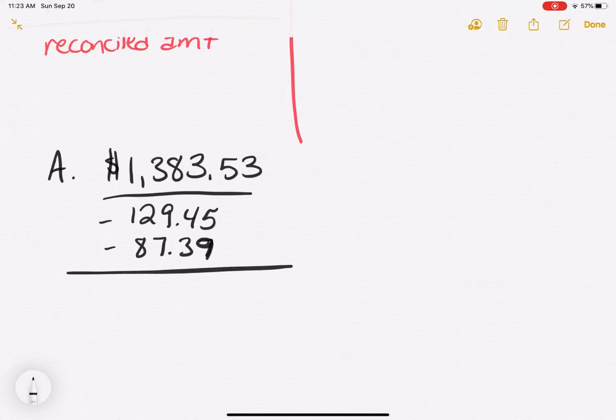So my reconciled amount is $1,166.69. Okay, and that's all that they're asking for right now.